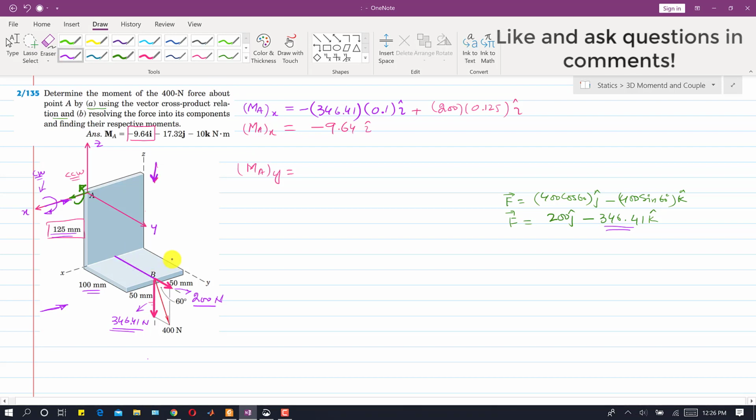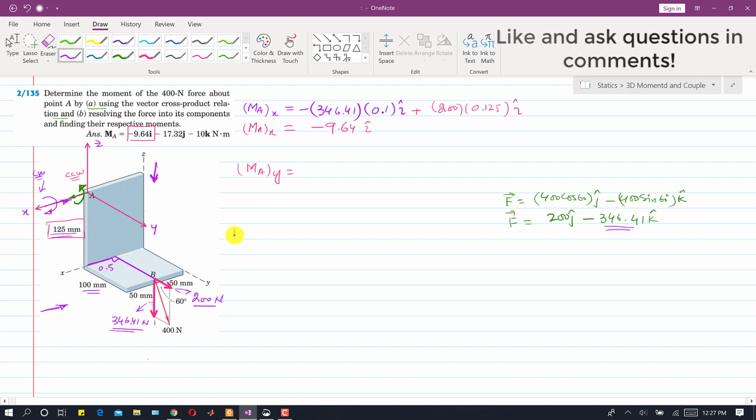This 200 Newton force will produce the moment about the z-axis. This is the perpendicular distance from this z-axis, or we can say this is the perpendicular distance of this 200 Newton force from this point A. Since we are finding the moment about A, how much is this distance? This is 0.5.